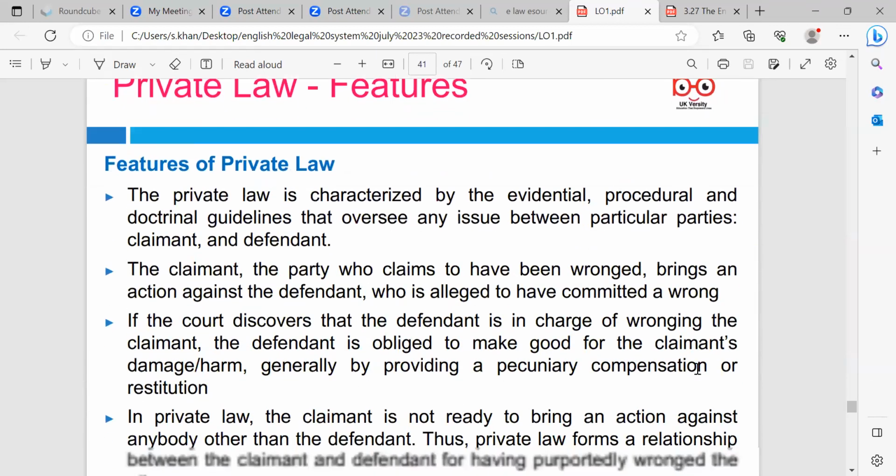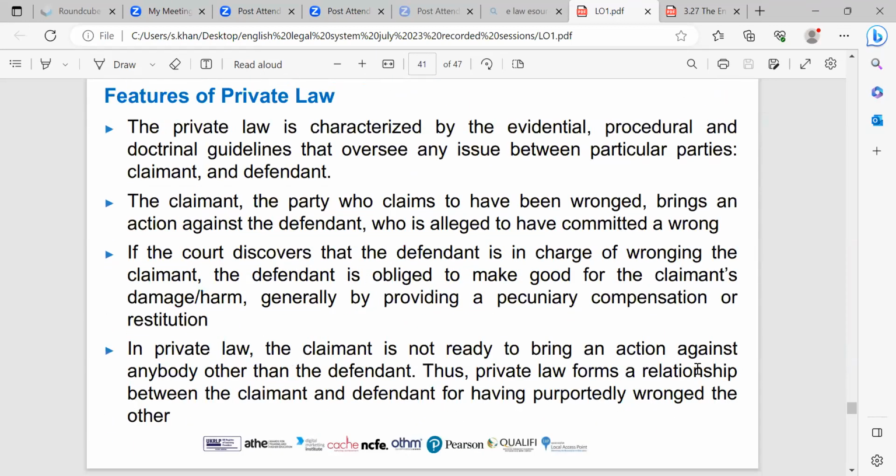Features of private law. Private law is categorized by the evidential, procedural and doctrinal guidelines that oversee any issue between particular parties, the claimant and the defendant. The claimant, the party who claims to have been wronged, brings an action against the defendant who is alleged to have committed a wrong.